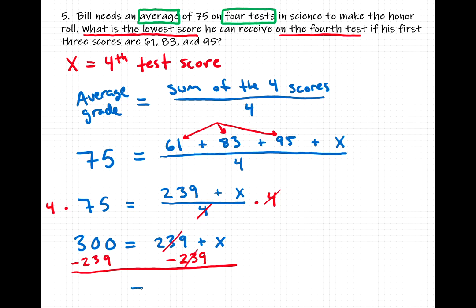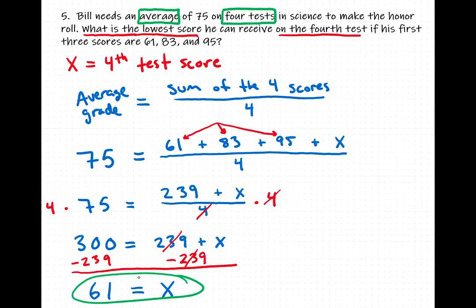On the right, we are left with x. And on the left-hand side, 300 minus 239 will give us 61. And that's telling us that the lowest score he could get on test number 4 is a 61%.